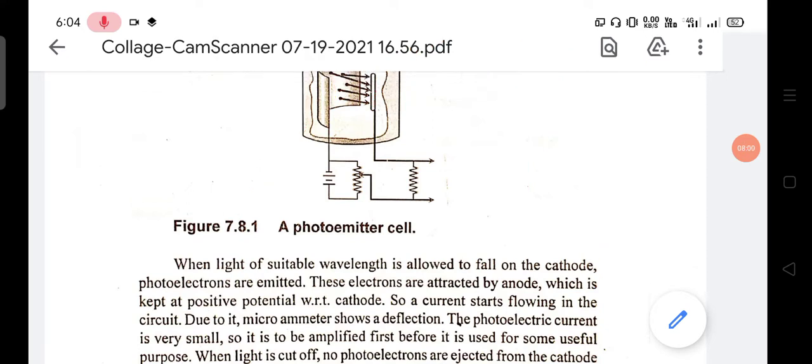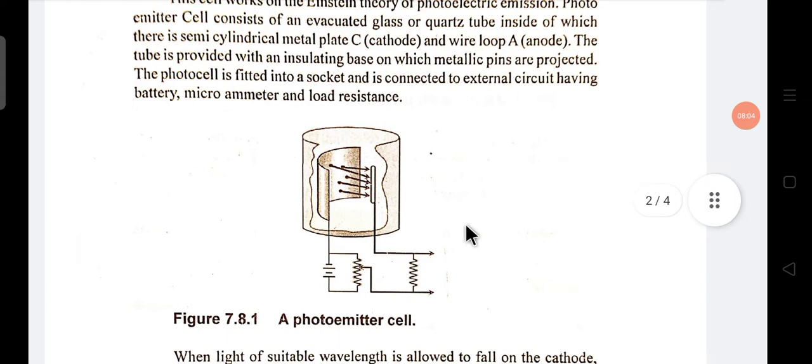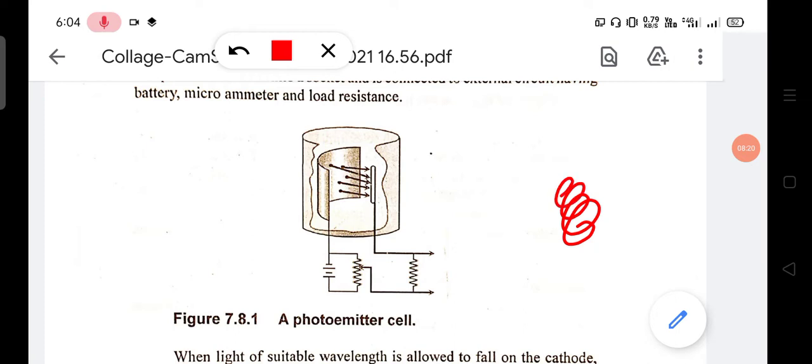So this C-type plate is the cathode, and a wire loop is used as the anode.